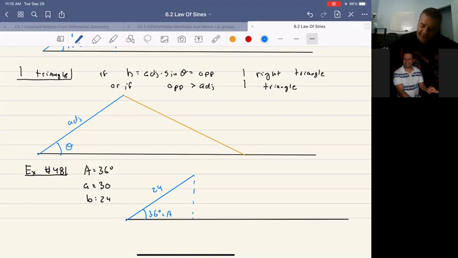Let's check my height. My height is 24 sine of 36, which is going to be less than 24, isn't it? Because sine is always between 0 and 1. So in this case, I don't really need to check the height.